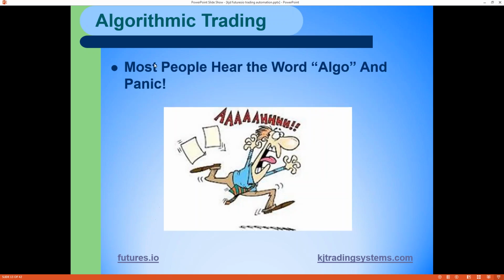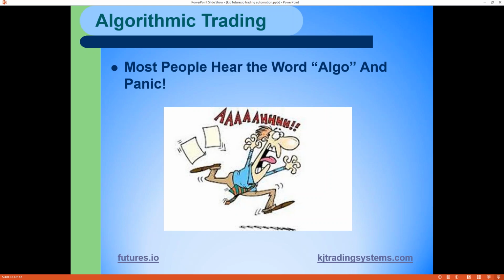Algo is the one that scares people. People hear algorithmic, and a lot of them just freak out. It's funny, because I talk to people and they say, oh, algo trading, I don't know if I want to do that. And then I say, well, what about just trading through some rules? Oh, okay, yeah, I can do that. Well, it's the same thing.